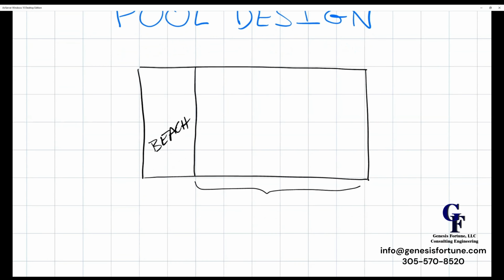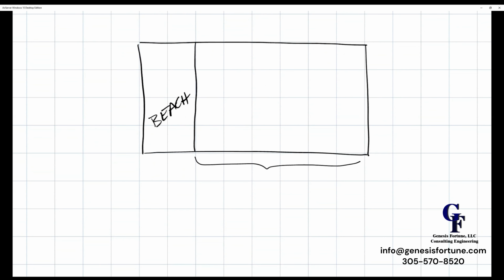So if I put that as an elevation, you will see something like this. This is the top of the pool. It will be like this, straight, and then here you will have something like this.